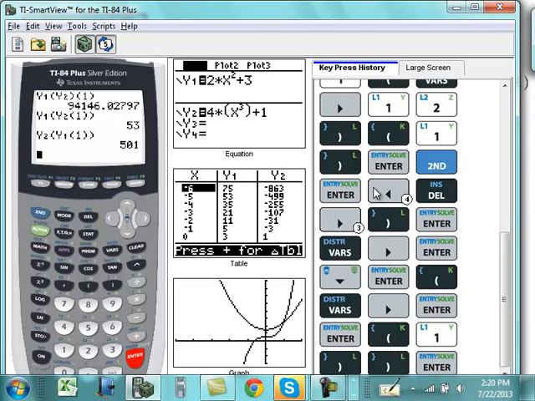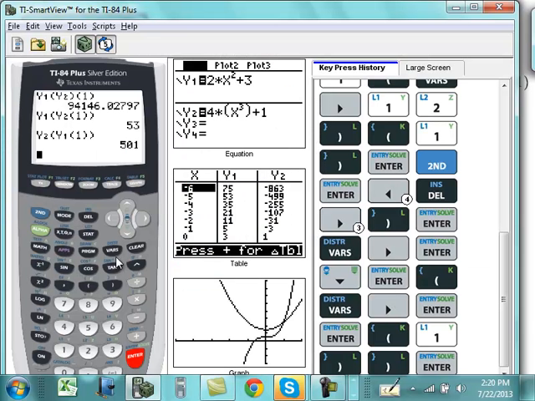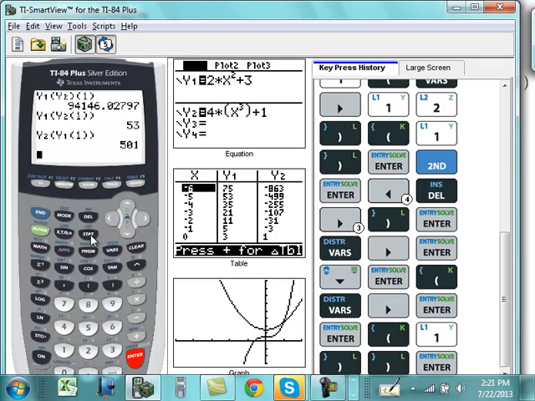Or you can even compose a function with itself. Suppose that you want to do f composed with f of -2. So in our graphing calculator, that would be y sub 1 of y sub 1 of -2. So let's try that.